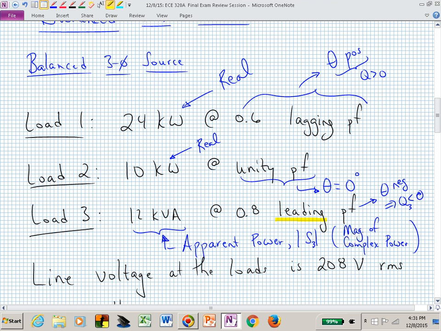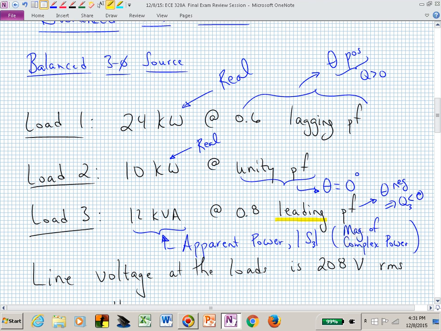Is it inductive or capacitive if we have a lagging power factor? Is it more like an inductor or a capacitor? It's an inductive load, isn't it? It's an inductive load if it's lagging. It's a capacitive load if it's leading.